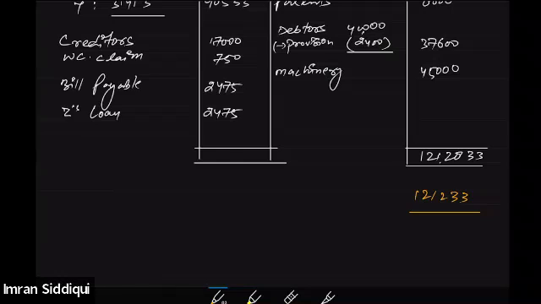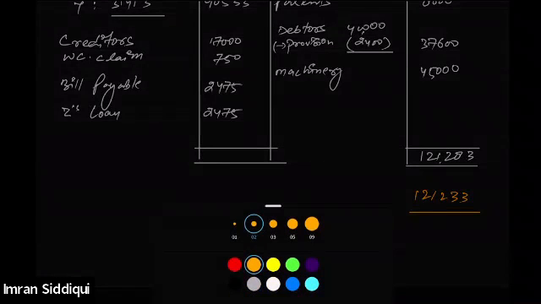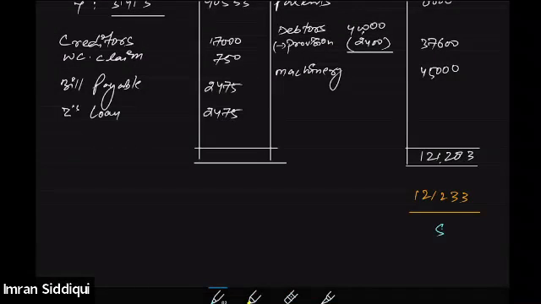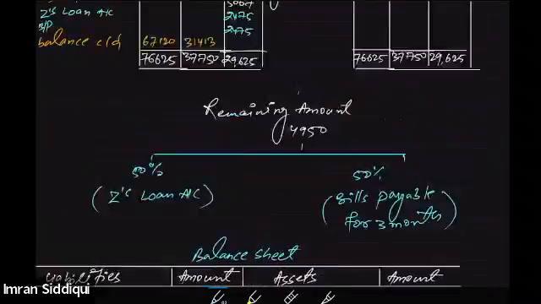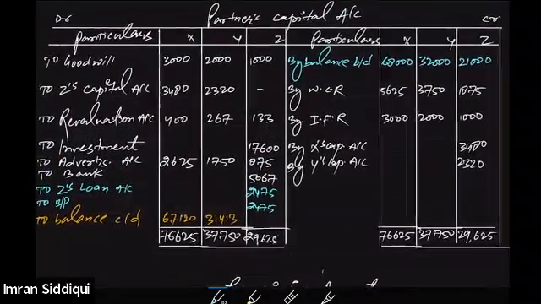Just a minute. 283 only. So we have a discrepancy of 50 rupees. Yes, sir, there is a mistake of rupees 50 somewhere. We will have to look for that and then correct it accordingly.